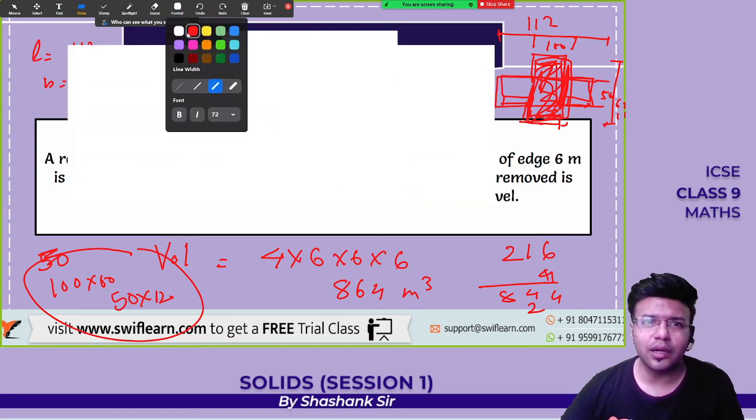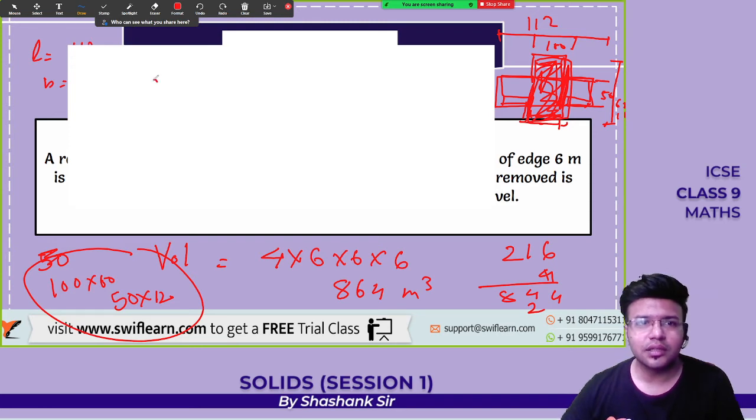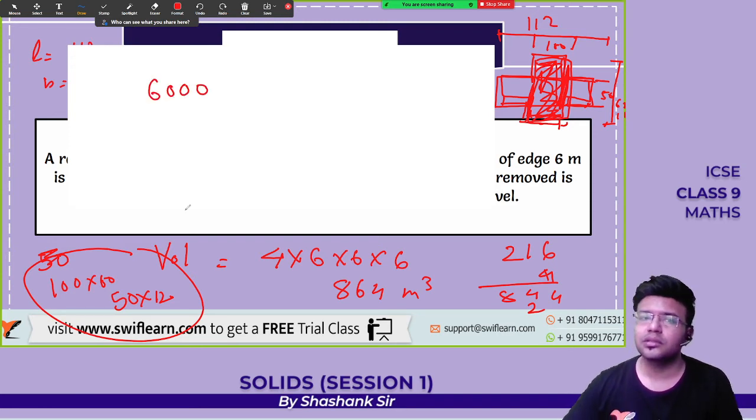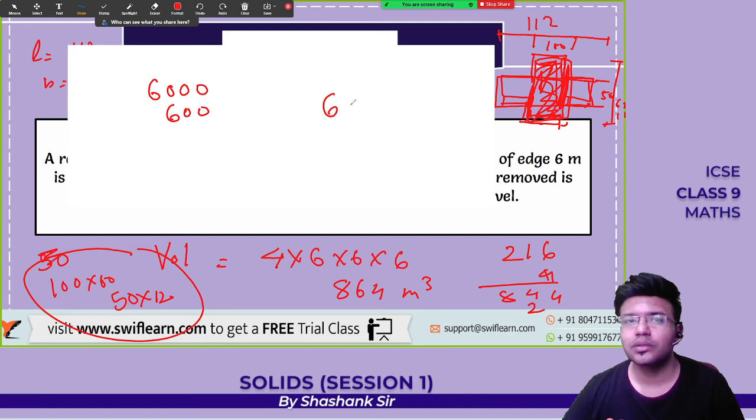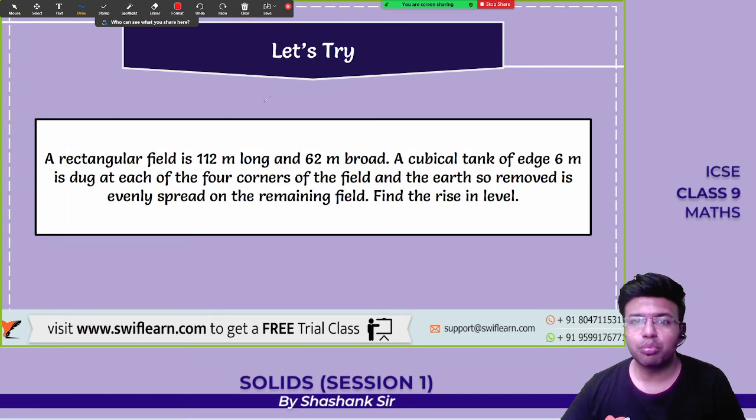So 100 into 6 is 600. 12 fives are 60, 60 into 100 is 6,000. So it is 6,600 meter square.